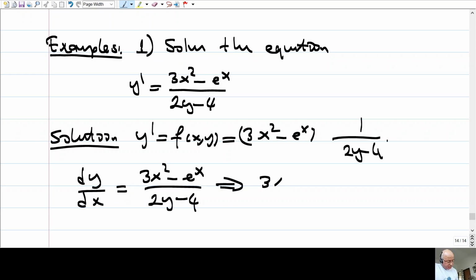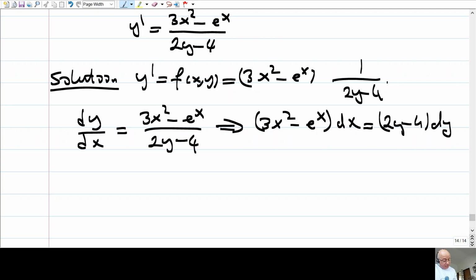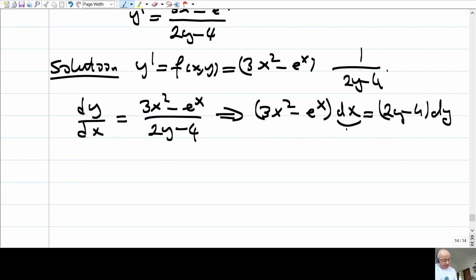So this is just (3x squared minus e to the power x) times dx, and (2y minus 4) times dy. Okay, actually, I take this over here, so I get dy over dx. So I have a function of y times dy over dx, and then I just integrate both sides with respect to x, right? Actually, this is what I am doing.